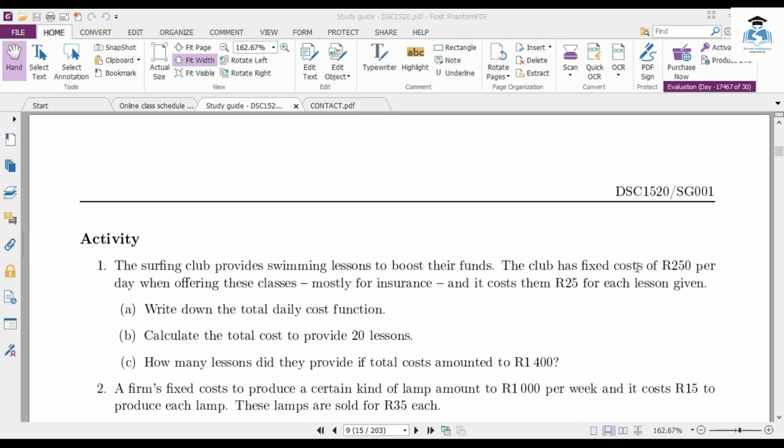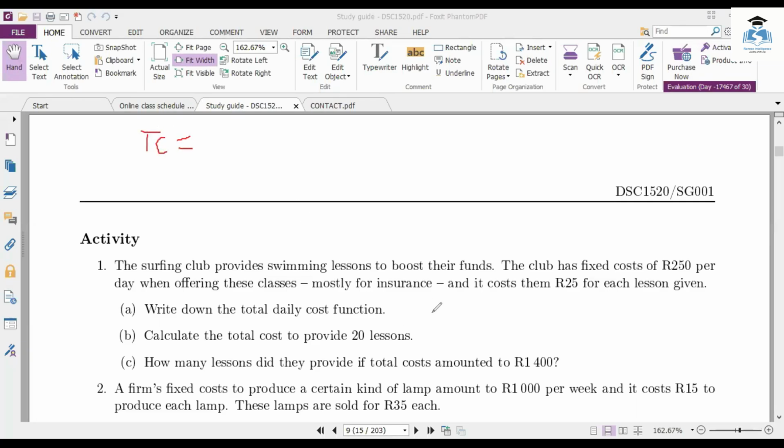The club has fixed the cost of 250 Rand per day when offering these classes, mostly for insurance, and it costs them 25 Rand for each lesson given. So your first question is write down the total daily cost function. So in other words, you have to write the total function, the total cost.